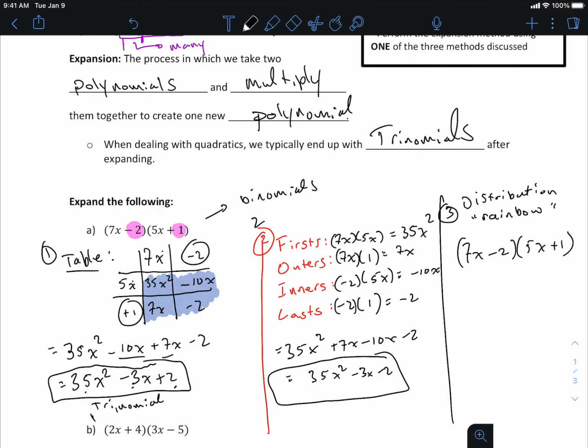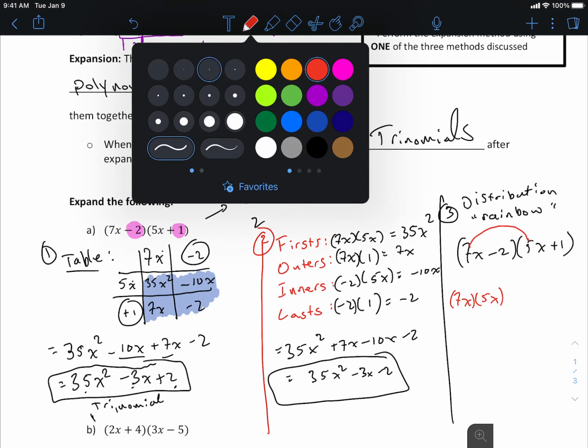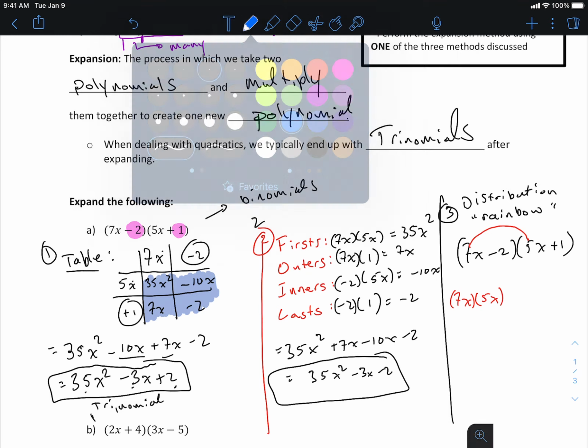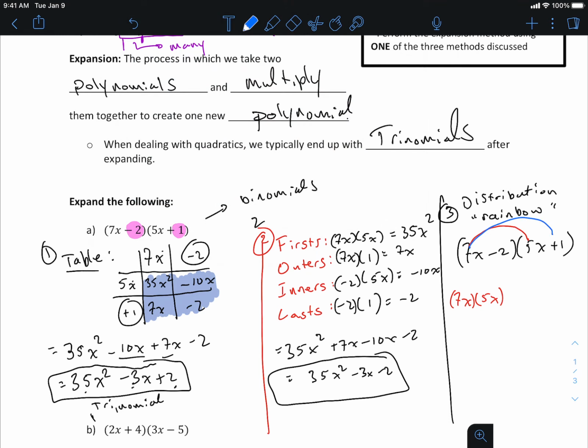Okay, and the rainbow method works like this. You always go the first one times the first one. Right? So you're going to get 7x times 5x. It's basically FOIL, right? It's just you can go a little bit faster. 7x times 1. Right?